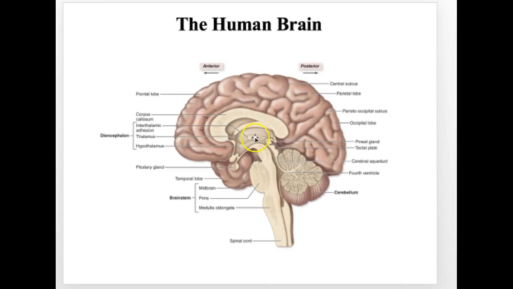Also seen in this view very clearly is the cerebellum, which is important in the maintenance of balance and posture. Also the pons and the medulla oblongata of the brainstem. So we'll go over specific functions of these areas in greater detail as we go through the lecture.